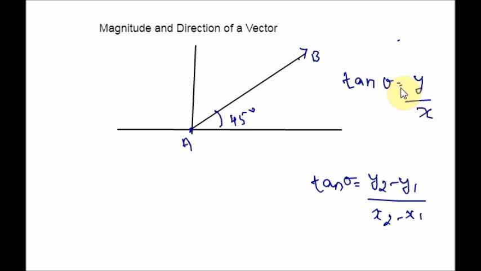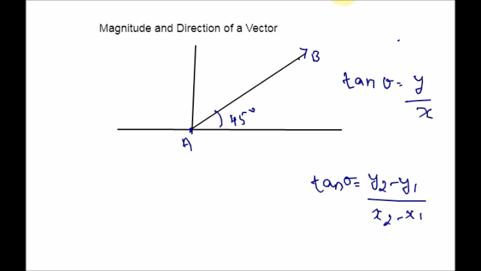First one is tan theta equal to y over x, where x is nothing but the horizontal change and y is nothing but the vertical change. Or you can also use the second formula, which just looks like a slope formula. Tan theta equal to y2 minus y1 over x2 minus x1, where x1 and y1 is nothing but the initial point and x2 and y2 is the end point or terminal point.